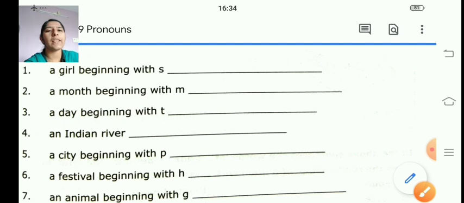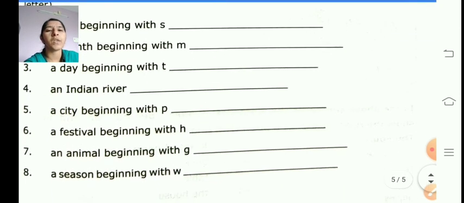Like that, a city beginning with P. The name of the city should start with P, right? A festival beginning with H, an animal beginning with G, and a season beginning with W, right? So you're just going to complete these things.